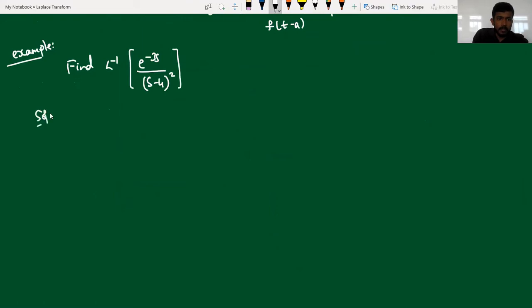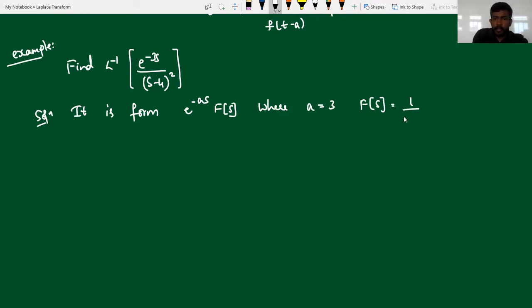Solution: it is of the form e to the power of minus as into capital F of s, where the value of a is equal to 3 and capital F of s is equal to 1 by s minus 4 whole square.